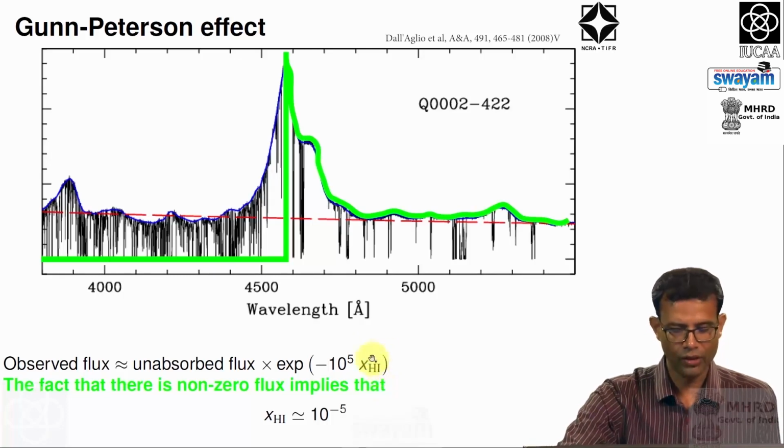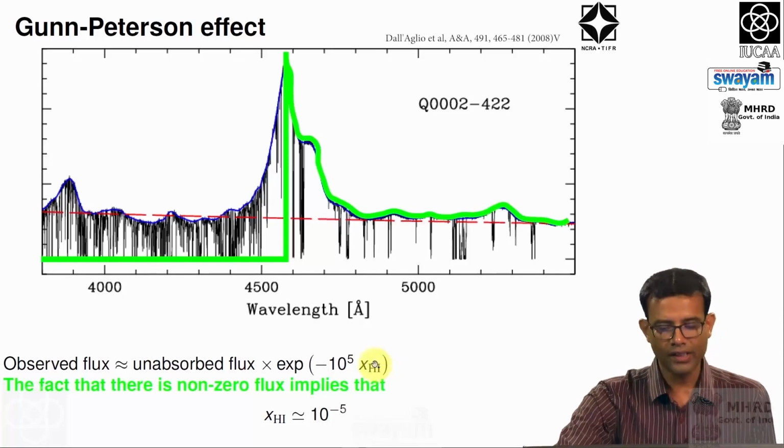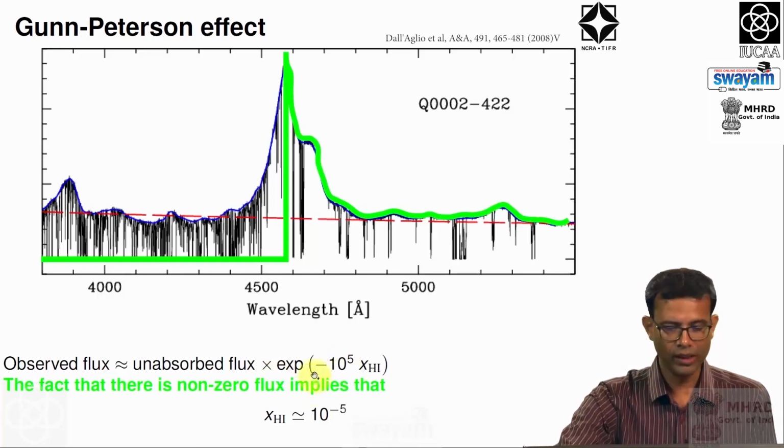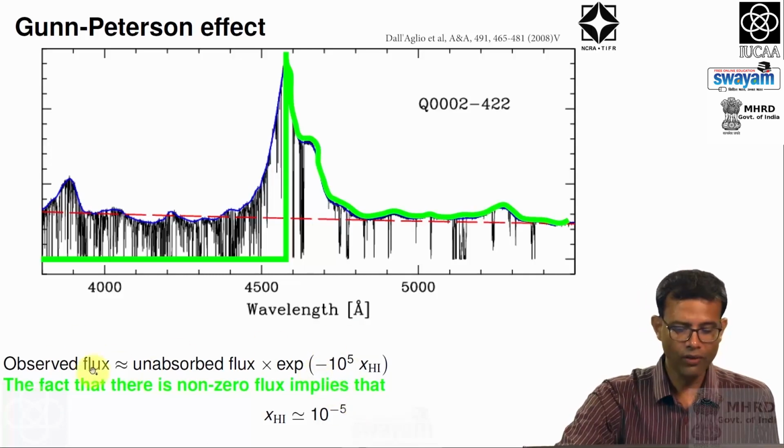Now, imagine that you start with everything neutral, then X_HI will be 1. In that case, the flux will be attenuated by a factor which is e to the minus a huge factor. Since the exponential is a very strong function of its argument, this will essentially give you a 0.